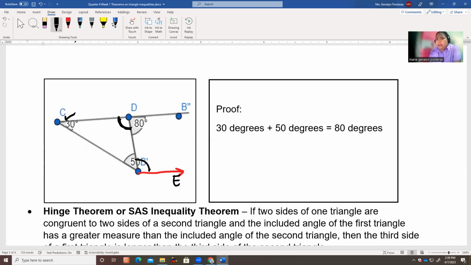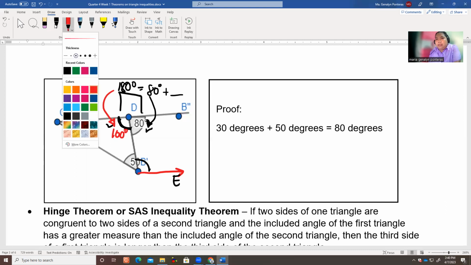Since B double prime B is 80, what's the relation of 80 to this angle? When we add them, the sum is equal to 180. But I already have 80 degrees here, so what I need for this one is 100 to make it 180.